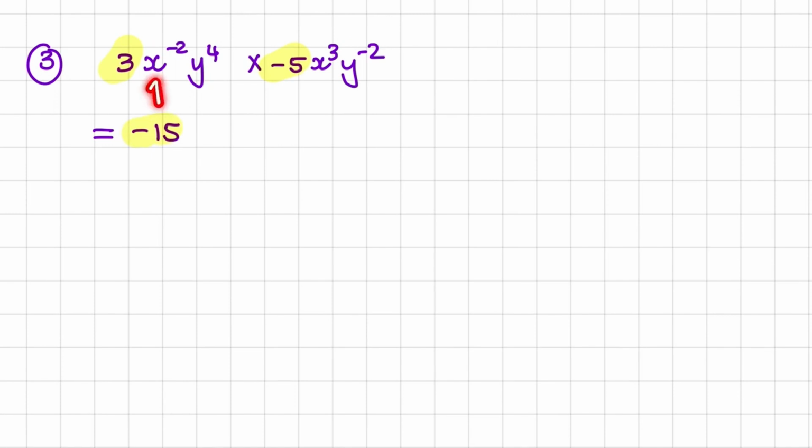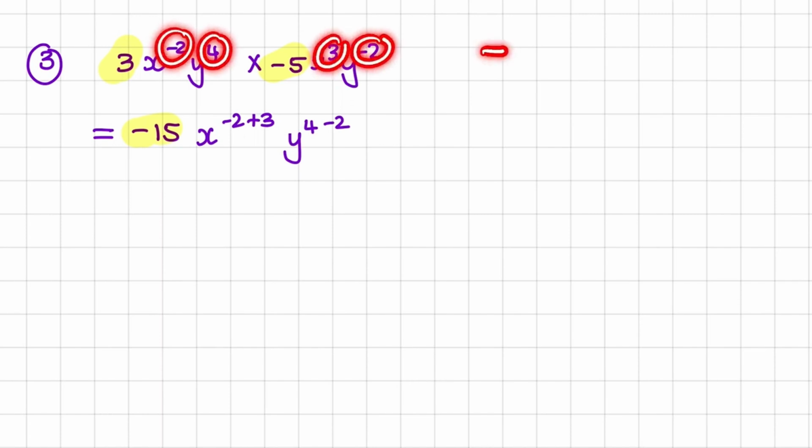So I have x to the power of -2 and x to the power of 3. And when we multiply, we add the exponents together. Next, we have y to the power of 4 and y to the power of -2. So this becomes y to the power of 4 minus 2. Notice I'm not adding -2 and 4 and 3 and -2 to create one big value.